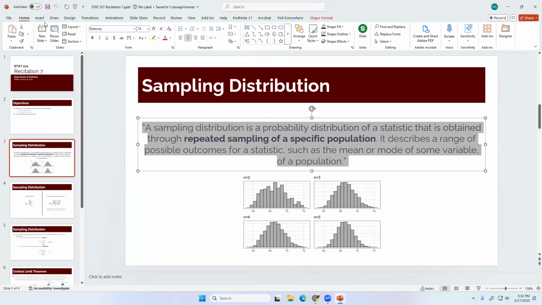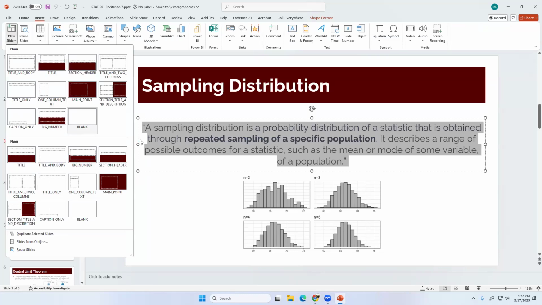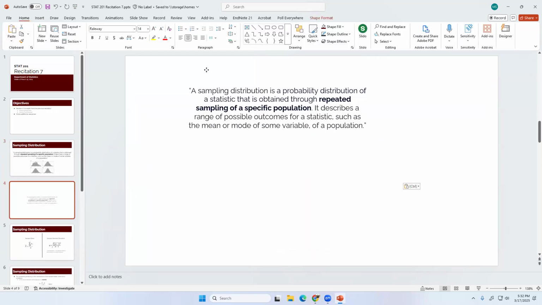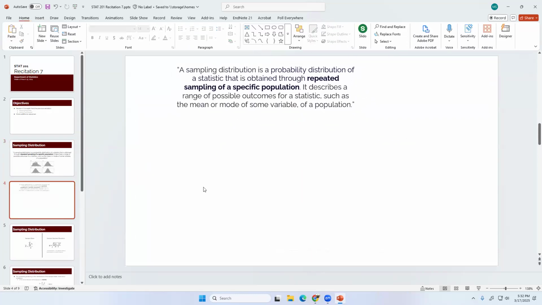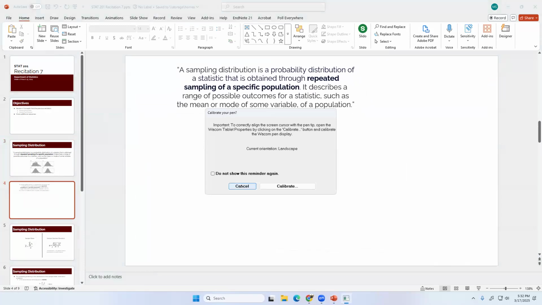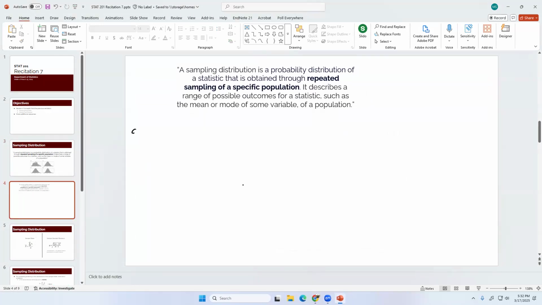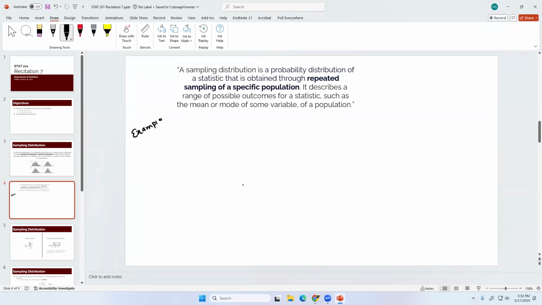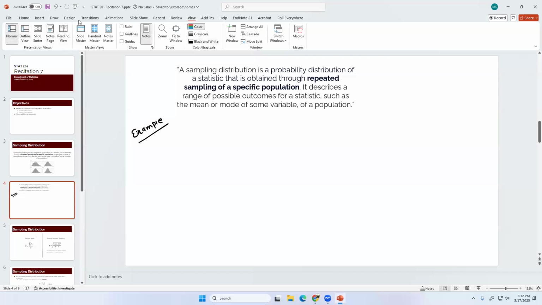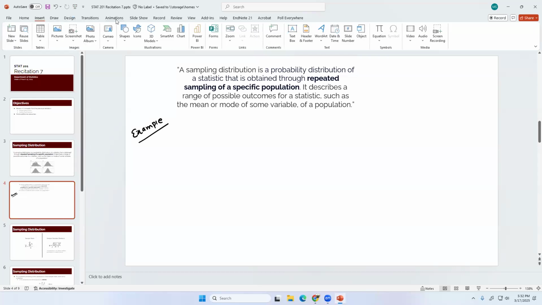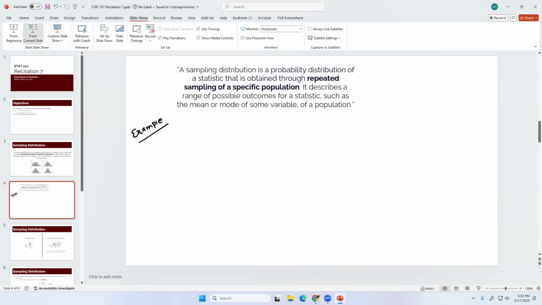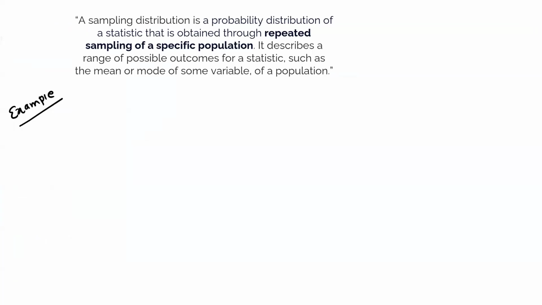So, imagine you have some population. An example of this would be something like this.